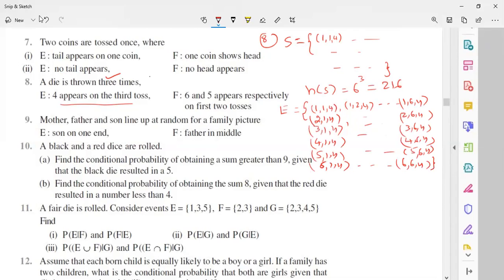These are the outcomes where the 4 is coming on the third toss.